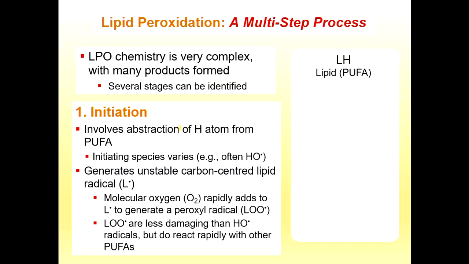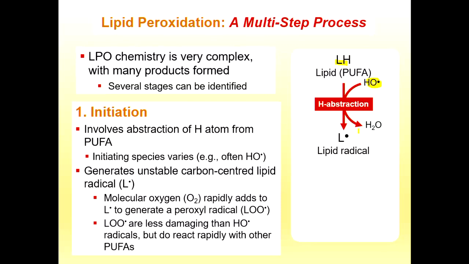The first phase they identified is the initiation phase, and we've talked about that in previous lectures. This is where something like a hydroxyl radical usually attacks a lipid, which we've designated here as LH, and let's assume it's a polyunsaturated fatty acid, and it basically snaffles that hydrogen and one electron only.